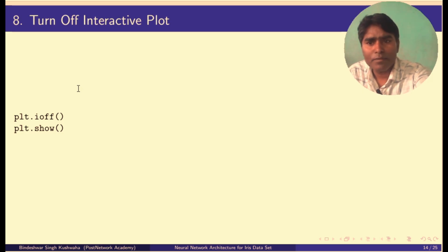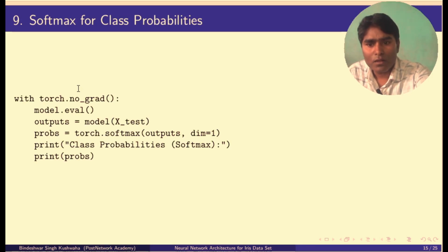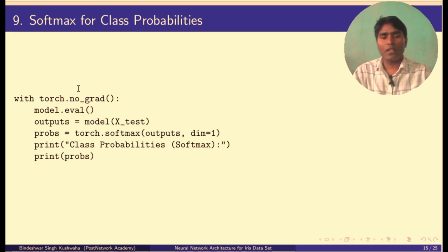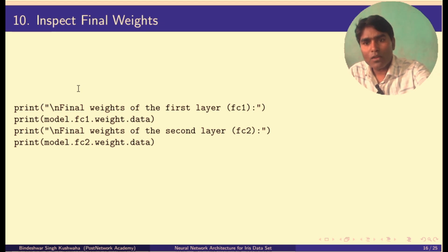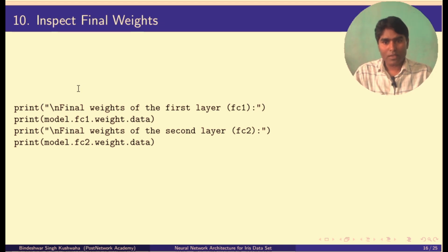You will see how to use softmax in the last layer, and finally we will inspect the weights. That is the most important thing in my video. So be careful and just pay attention.